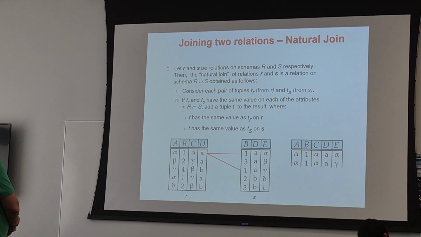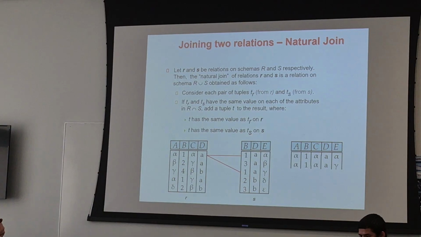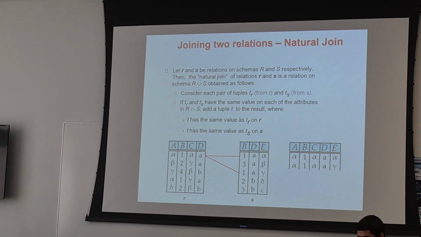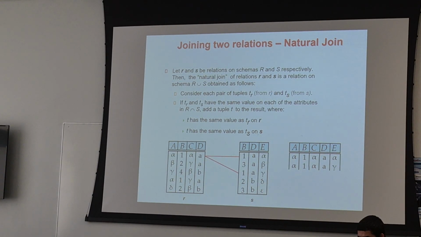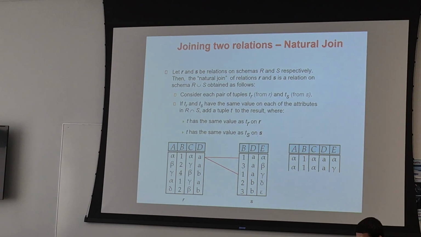And so now we're going to do the same thing with the second row. So I'm looking for 2 A's. And I don't see any 2 A's as the first 2 values in table S, right? It makes sense.